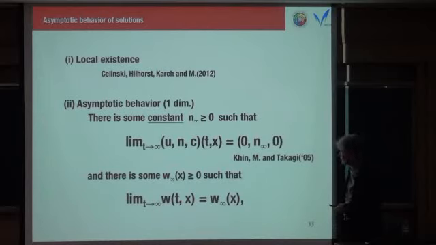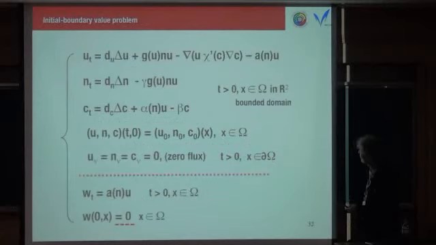Asymptotic behavior is the following. So U, active cells, tends to 0, not surprising. And C, the chemical attractant, also 0, because U secretes C, that's why. So this is 0. And N tends to some constant here. So it's a very nice result for the 1D case. And also this function is monotone decreasing, but we assume this is positive.